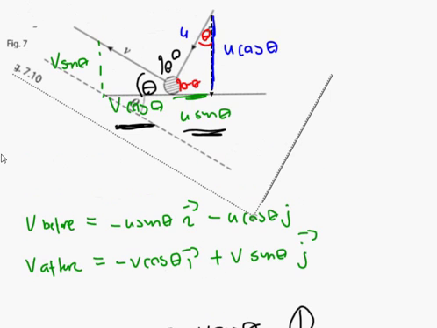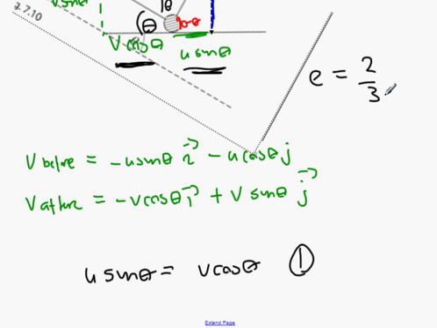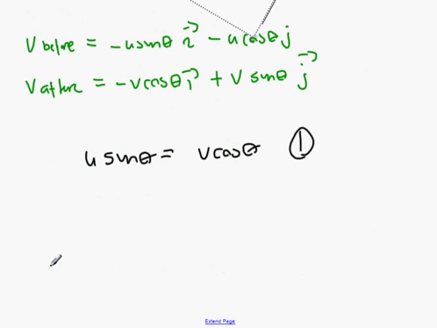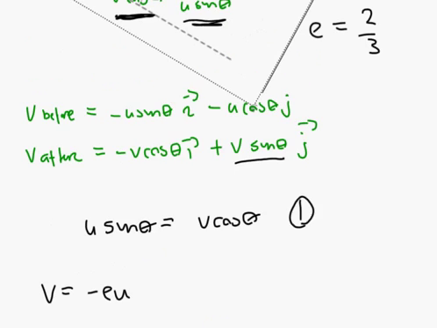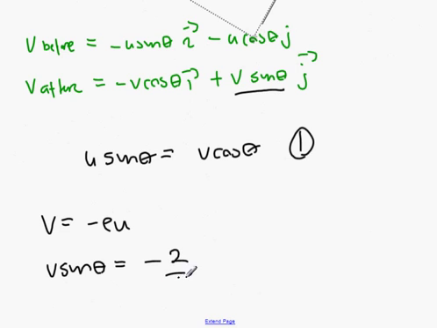Equation 2 is the E value equals what, guys? E value equals 2 over 3. So to get your second equation, what you know here, guys, right? Phi equals minus EU. Everybody see phi equals minus EU? Your final velocity, which is phi sin theta, equals minus E, which is minus 2 over 3, times your initial velocity in that direction.